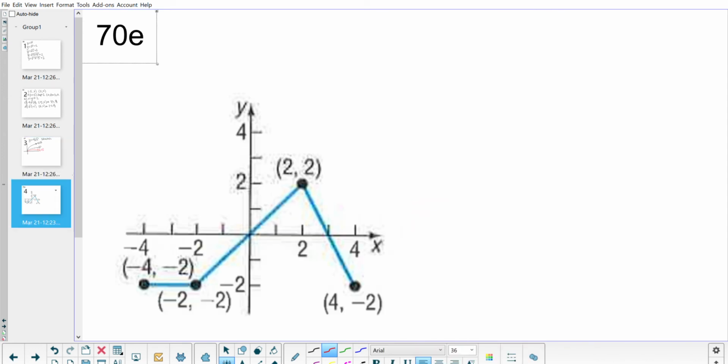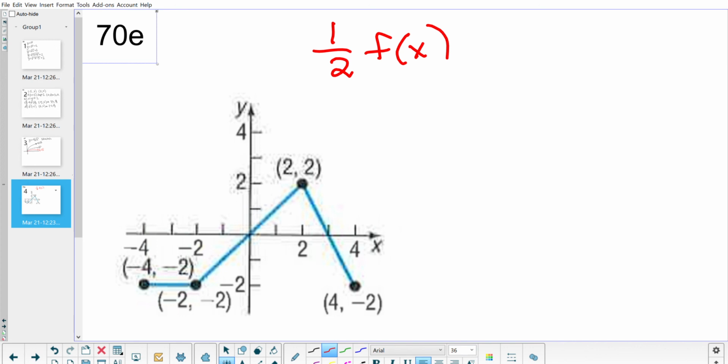Okay, last one, 70 part E. It gives you this graph, and it asks for 1/2 times f of x. That means literally 1/2 times all of the y values. You're not going to change the x values, you're just going to change the y values.